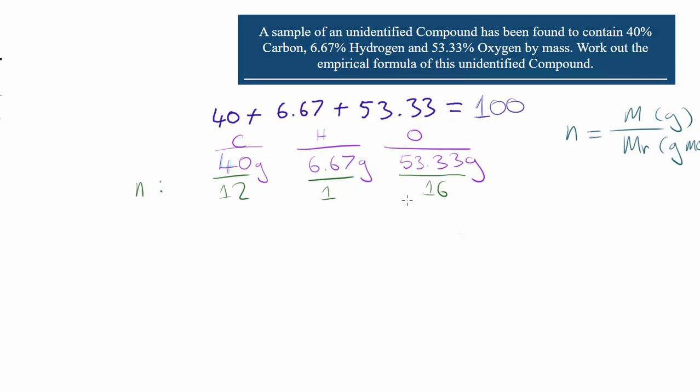At this stage, I would invite you to have a go and work this out to see what numbers you get. Then we're going to represent it as a ratio between them. For carbon, I'm going to represent this to 5 decimal places, and I get 3.33333.